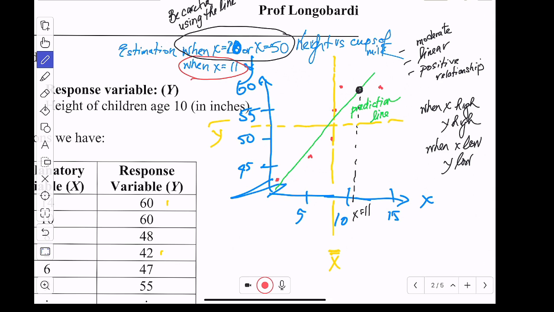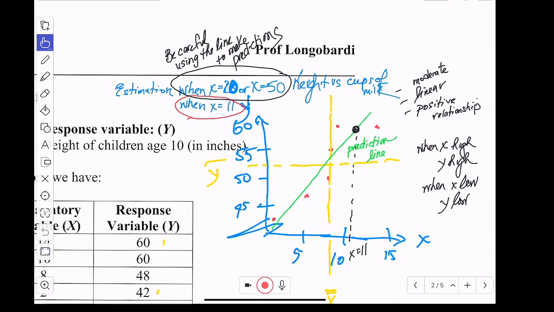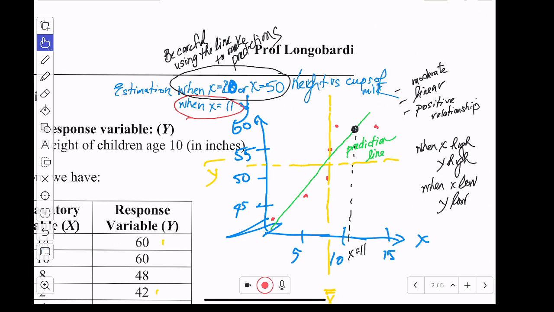And it can depend on just the variable itself and how it behaves. There might not be any data that exists outside that range. So you wouldn't want to be doing that. So be careful using the line to make predictions.